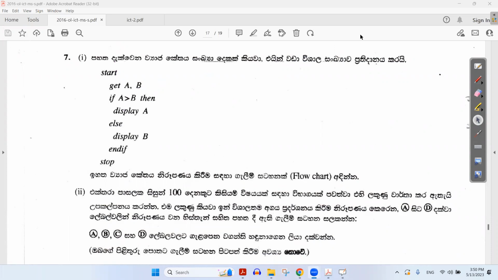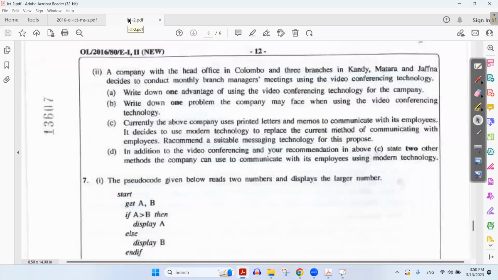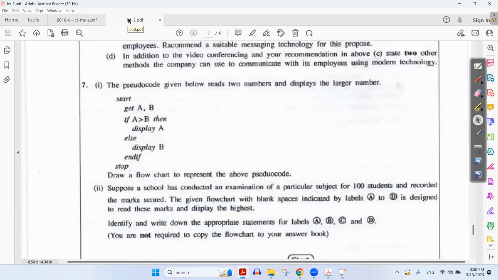Okay, in the 7th it says, yeah, I'll take the English one. The pseudocode given below reads 2 numbers and displays the larger number. Okay, simple one. Draw a flowchart to represent the above pseudocode. If they ask us to draw a flowchart by looking into the pseudocode, first we have to understand which kind of structure is there.